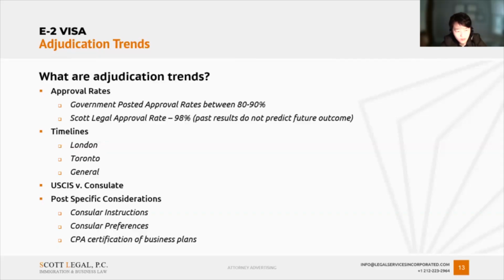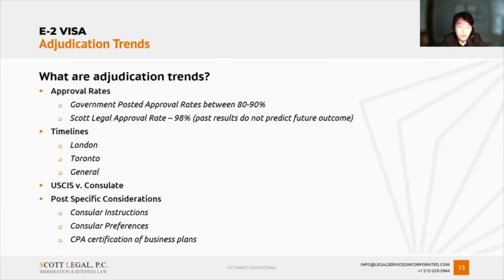Consular preferences. I've mentioned this many times during the presentation, but some consulates expect higher investment amounts. Some examples of that are consulates in Japan and sometimes consulates in South Korea and other consulates around there.